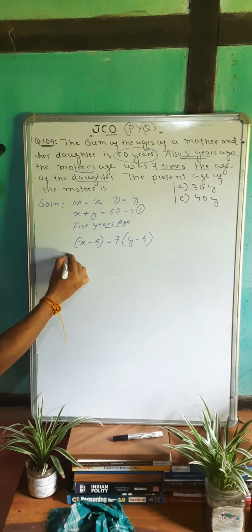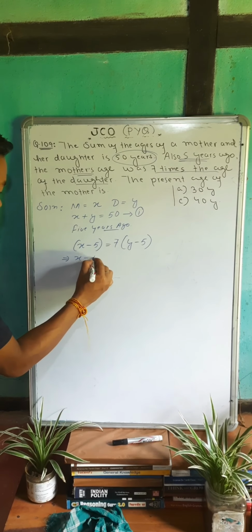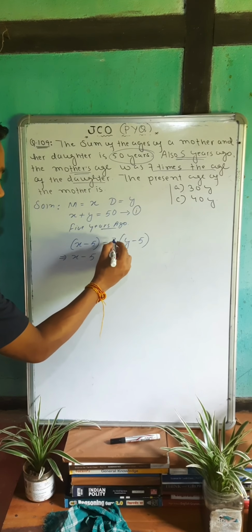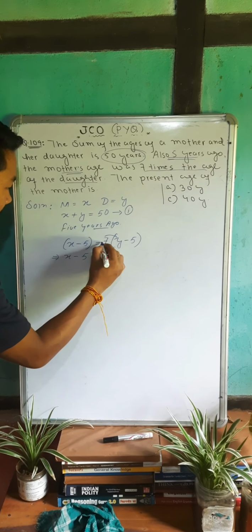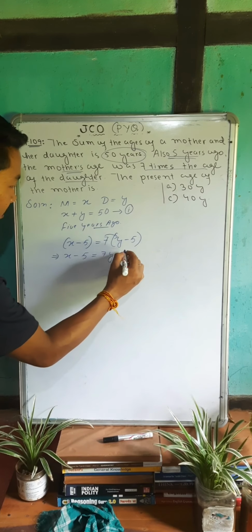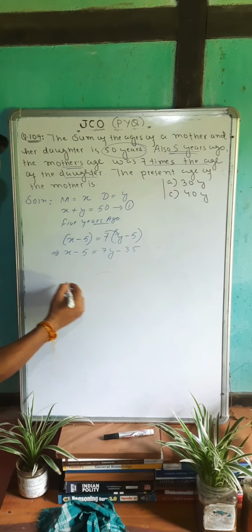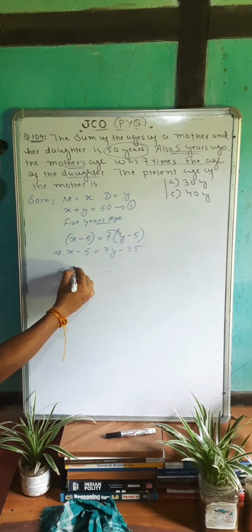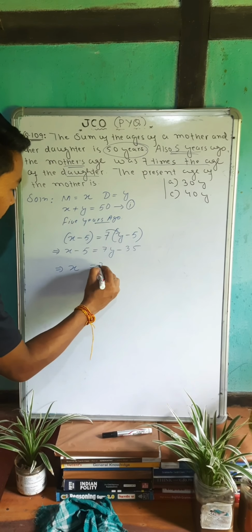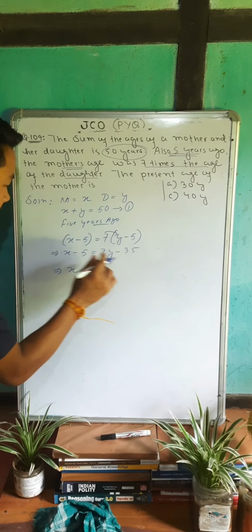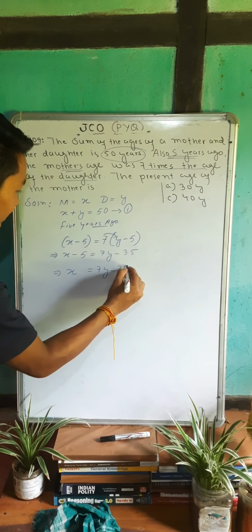Now we can solve. X minus 5, now we multiply this: 7 into Y, 7Y. Plus into minus, minus. 7 fives are 35. X minus 5 equals 7Y minus 35.